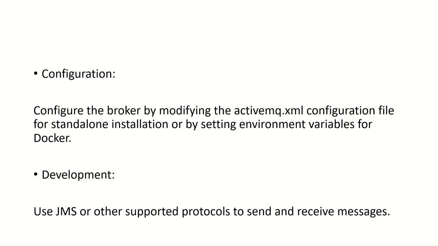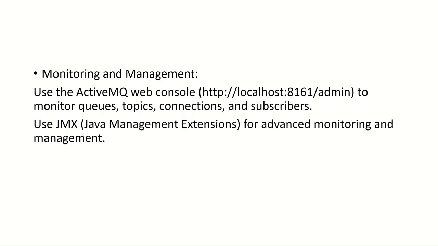Coming to the development, we are going to use JMS to send and receive the messages. For monitoring, once you install ActiveMQ on your Docker machine, you can bring ActiveMQ up on port number 8161, and then go to the admin URL, enter the username and password, and you will see the dashboard of ActiveMQ.